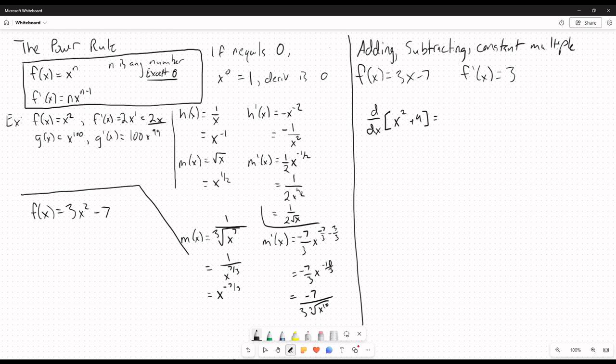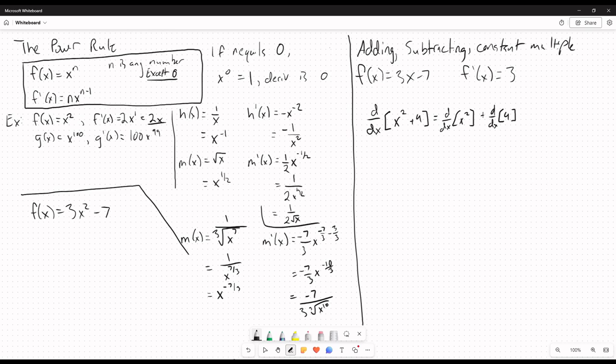And one of the nice rules we have is that if we have things being added together, that's just the same as taking the derivative of each term separately. So that's really nice.